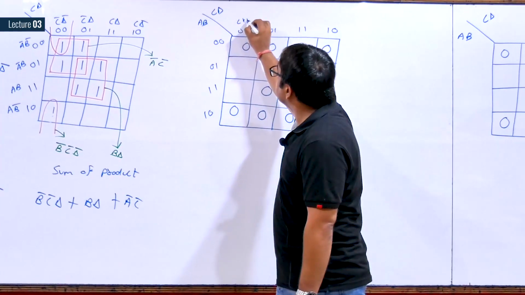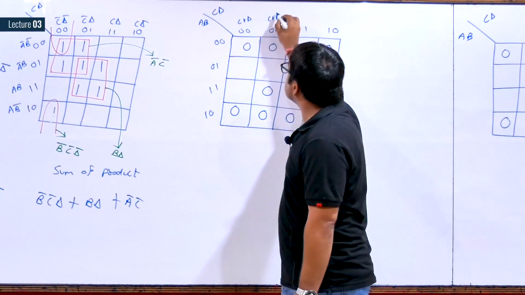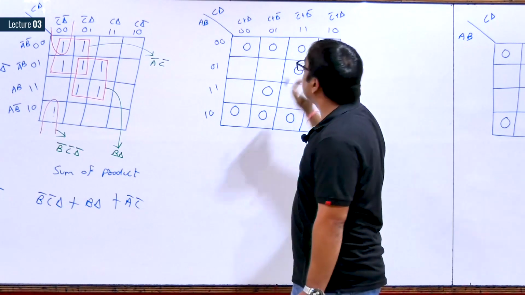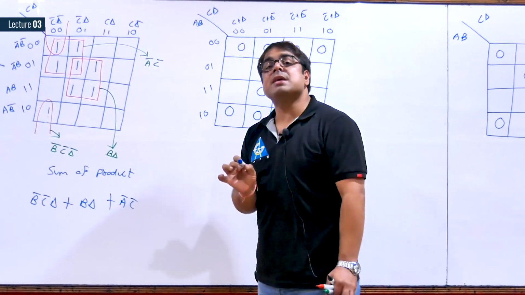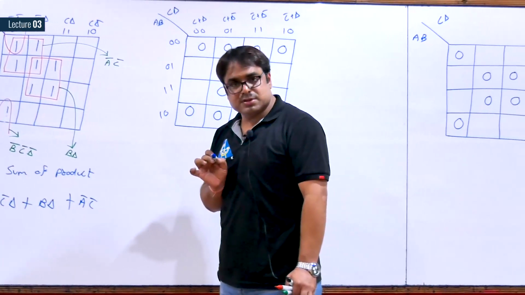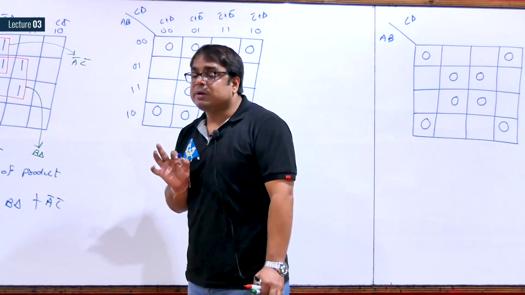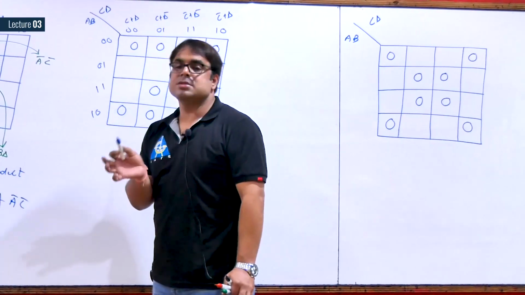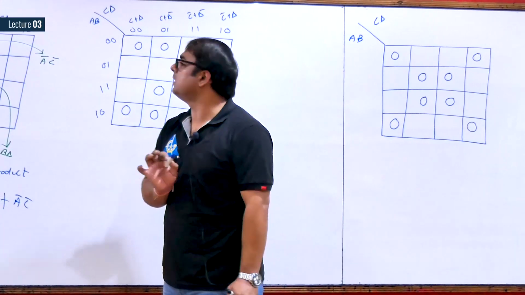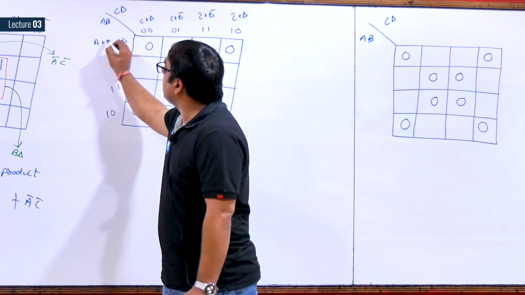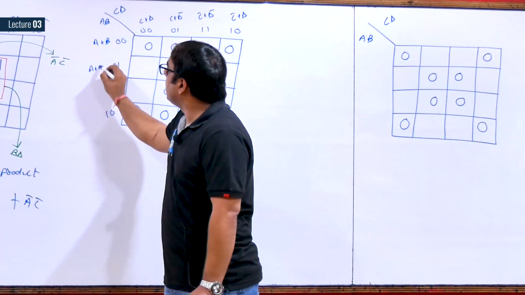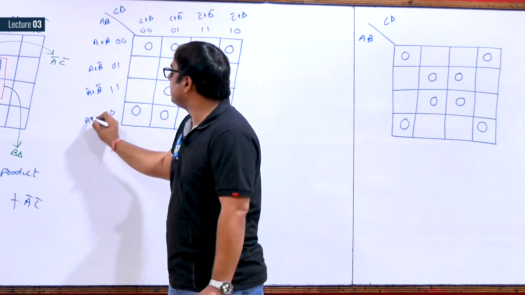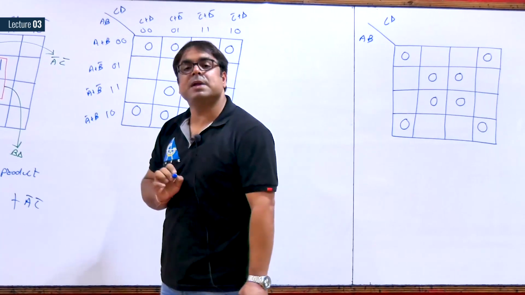This is C plus D, C plus D complement, C complement plus D complement, C complement plus D. In POS, individual terms are sum terms, and 1 corresponds to complement, 0 corresponds to normal. In the same way, A plus B, A plus B complement, A complement plus B complement, A complement plus B.